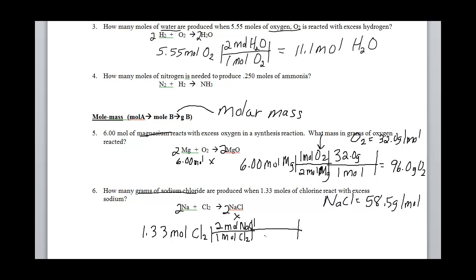The last part, how many grams is that? Well, 1 mole of sodium chloride has a molar mass of 58.5 grams. So when I do all of that math, 1.33 times 2 times 58.5, in 3 significant figures, I get 156 grams of sodium chloride.